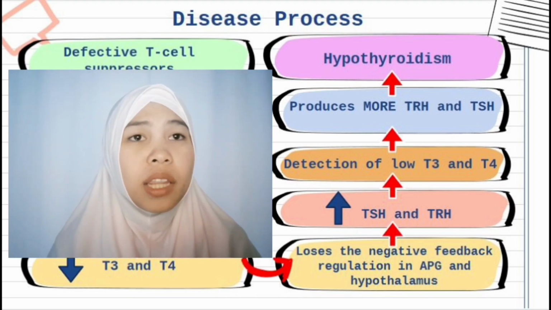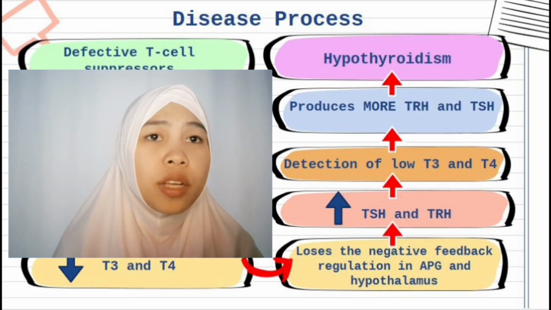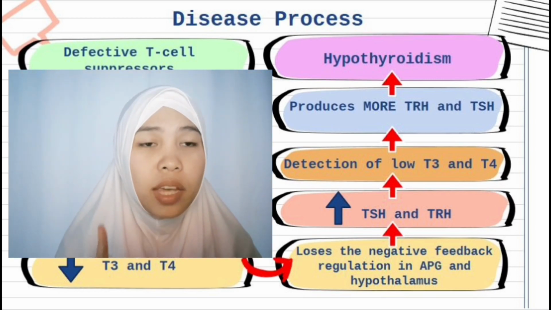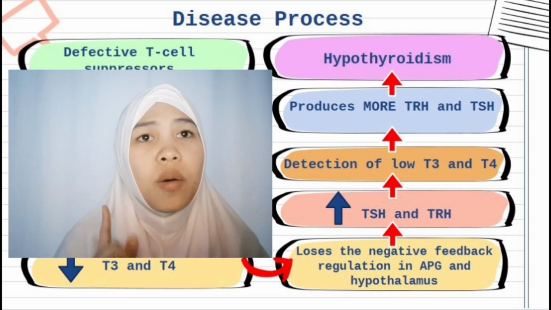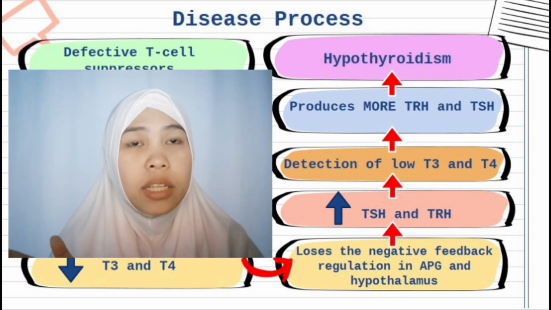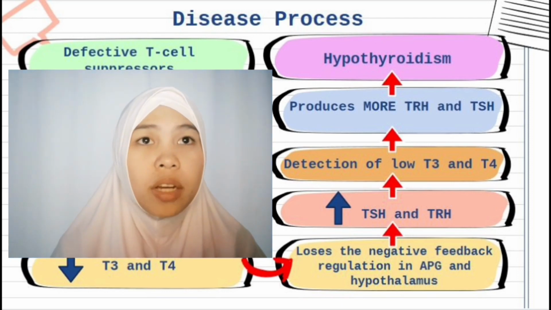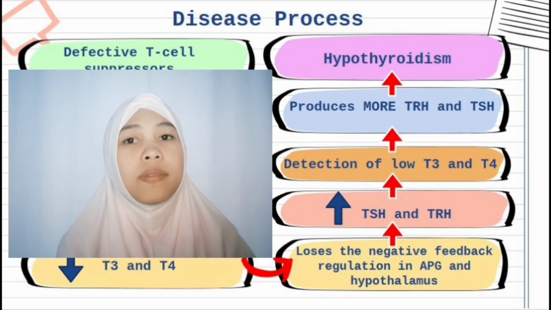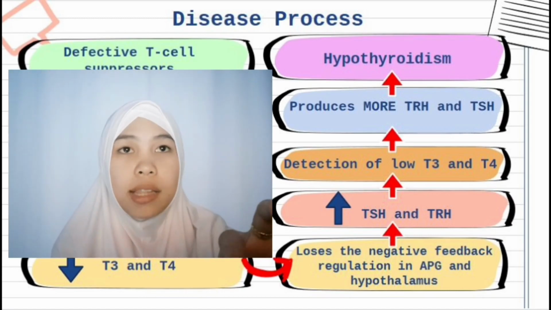But T4 and T3 are still detected as low, so TRH and TSH increase further. However, it will eventually lead to hypothyroidism because there is a progressive decrease in T3 and T4.